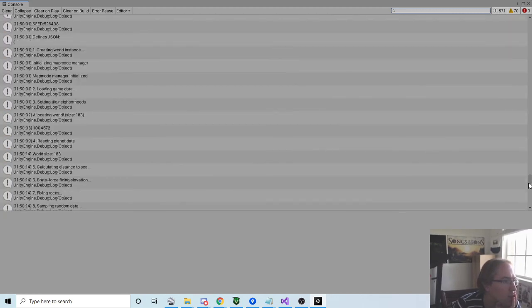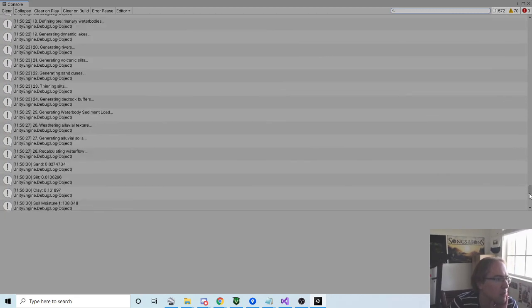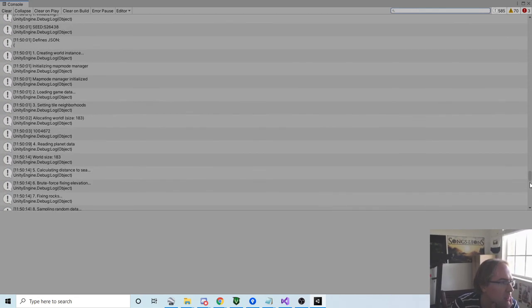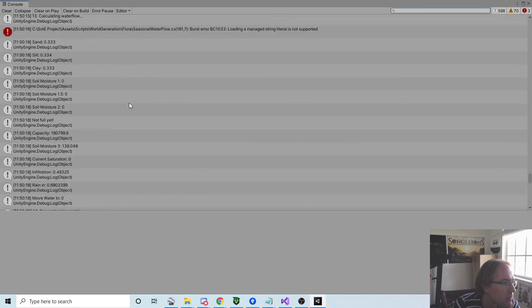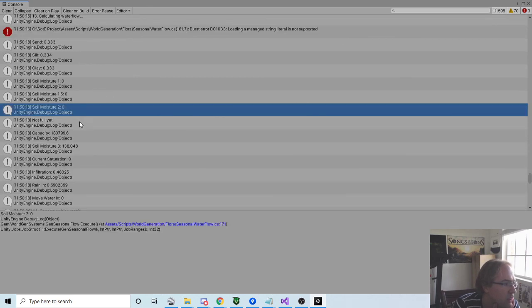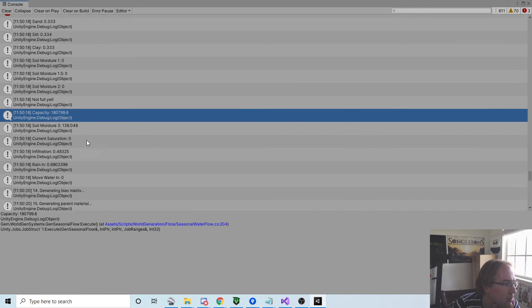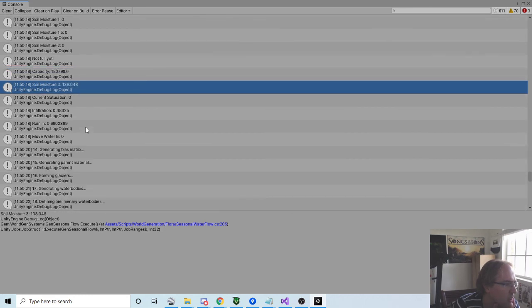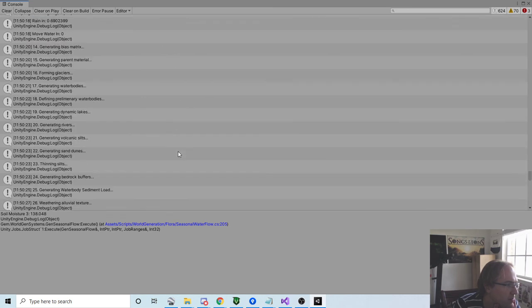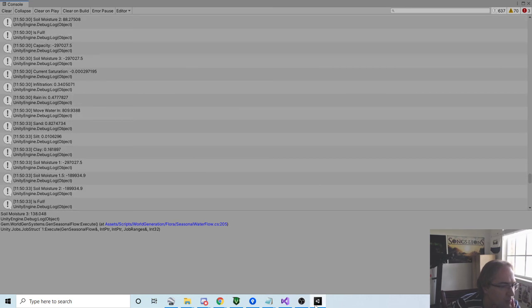Now we seem to be getting lots of wonderful errors related to logging. Yay, 0, 0. Calculate capacity, soil moisture. Now we can see.